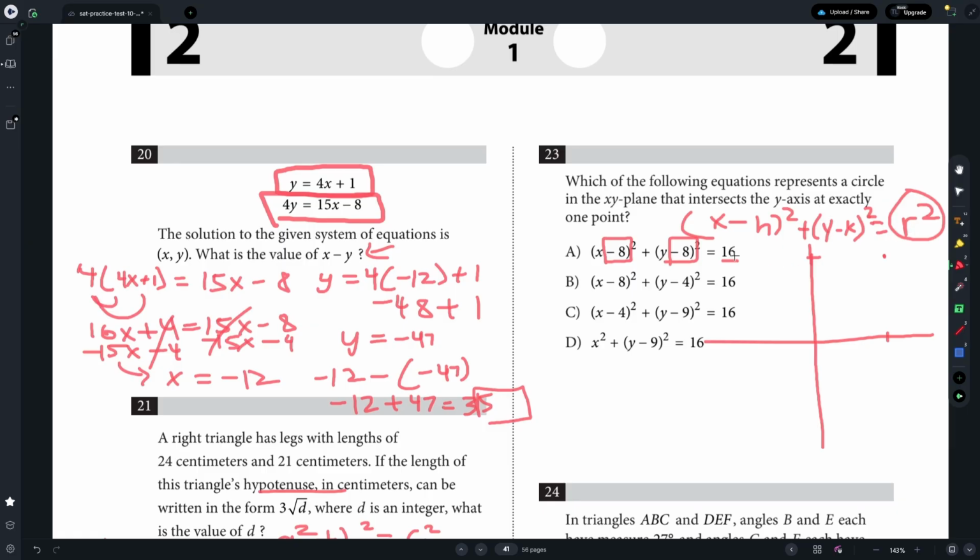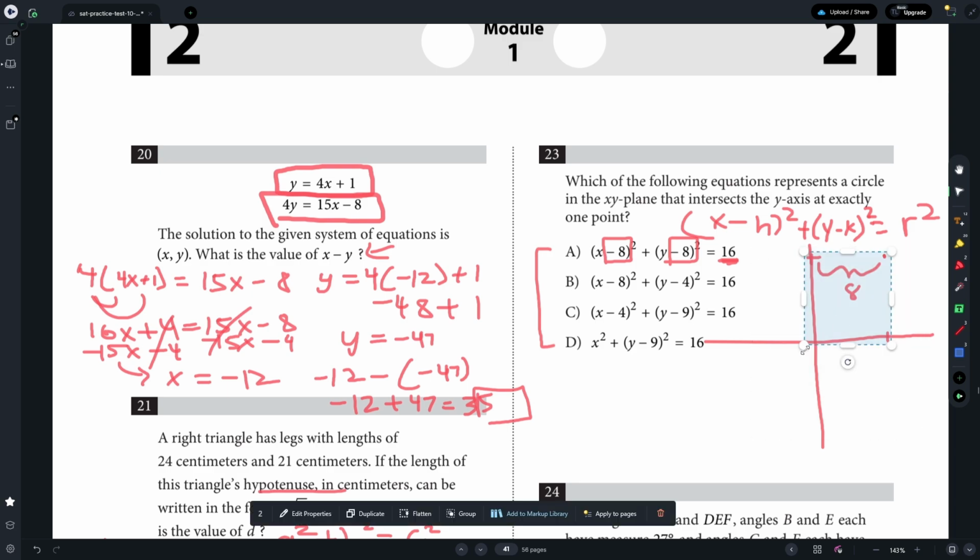Therefore, the square root of 16 is equal to the radius. That means the radius of this is 4. And actually, the radius of all the circles here is 4. So we know the distance between here is 8, right? But since the radius is 4, the circle would only be drawn halfway to the y-axis.